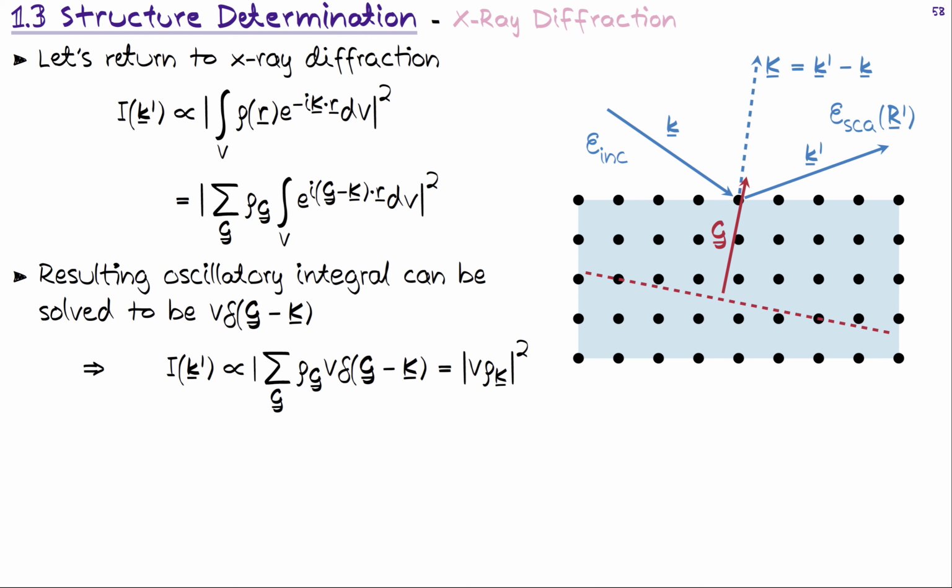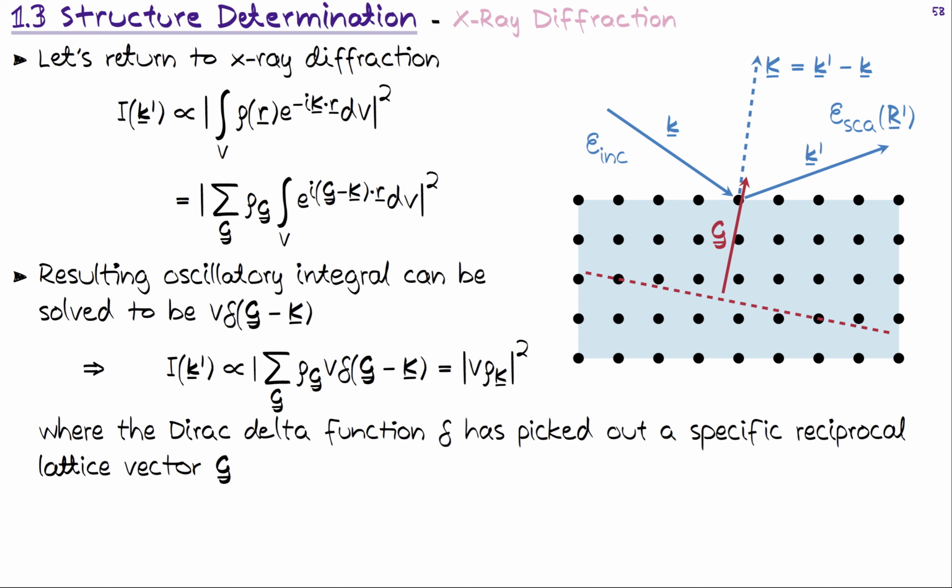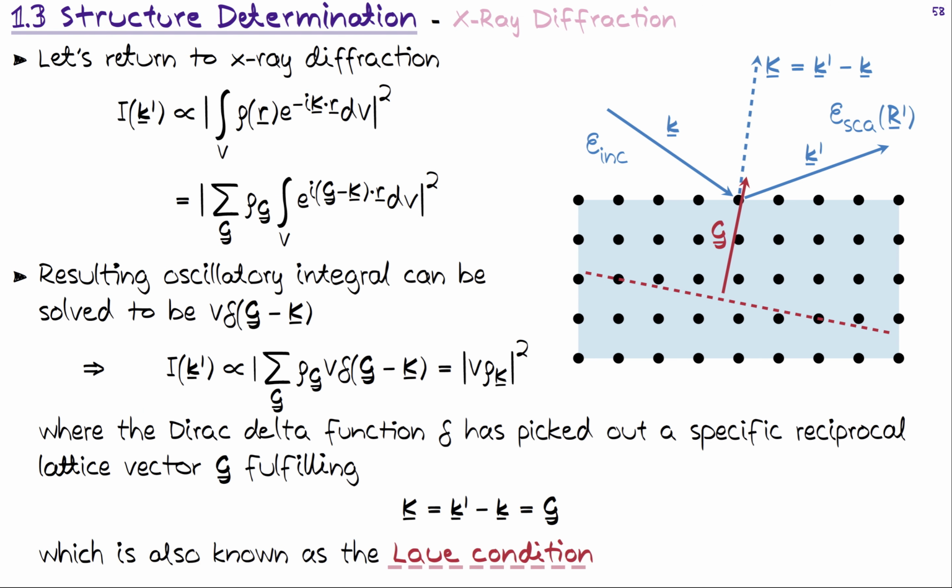Like I said, the Dirac delta function picks out a specific reciprocal lattice vector G, and this happens when the Laue condition is fulfilled. That is, when this capital K, the scattering vector, which was equal to K prime minus K, equals a very specific reciprocal lattice vector G. This is known as the Laue condition.